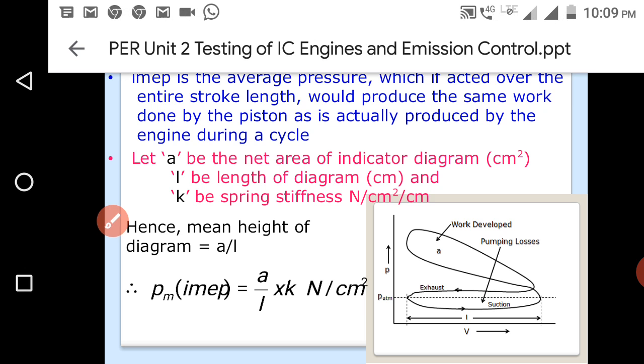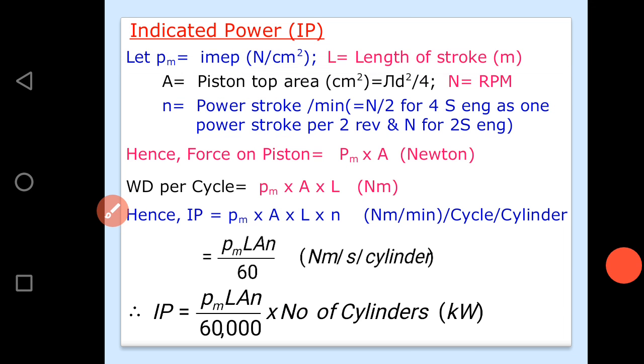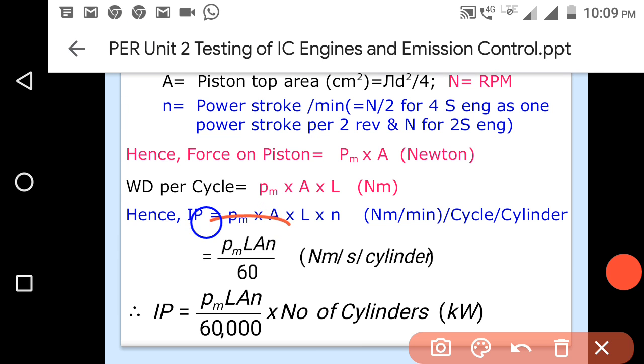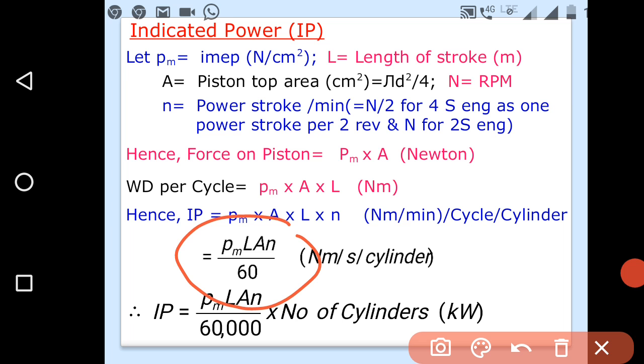Likewise, we have derived the formula for indicated power. The formula is Pm times L times A times N, where Pm is the mean effective pressure, L is the stroke, A is the piston area, and N is the number of power strokes. This is for a single cylinder. For a multi-cylinder engine, you have to multiply by the number of cylinders.